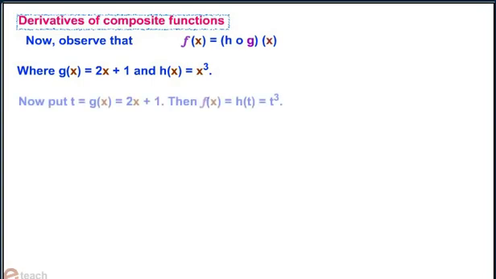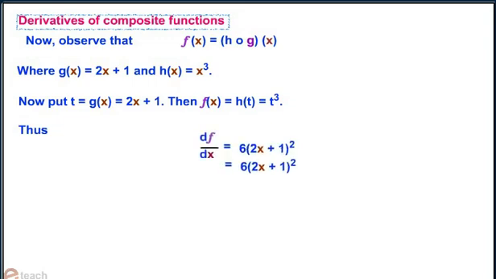Now put t equal to g(x) equal to 2x plus 1. Then f(x) is equal to h(t) is equal to t cube. Thus, df by dx equals 6 into (2x plus 1) whole square, which can be written as 3 into (2x plus 1) whole square into 2, which equals dh by dt into dt by dx.